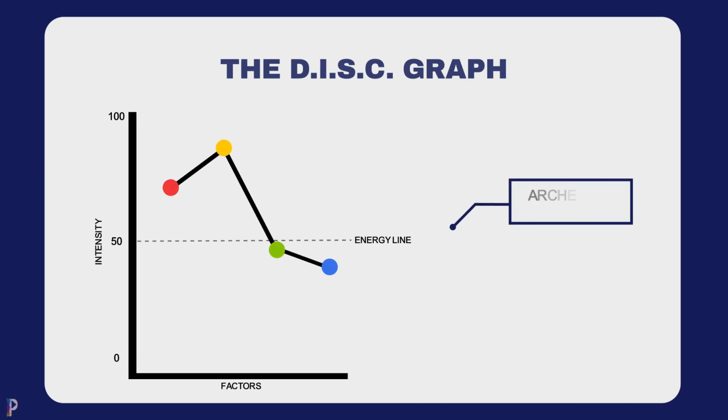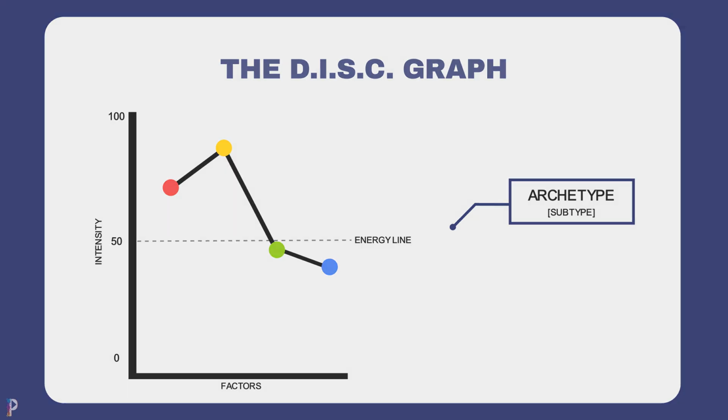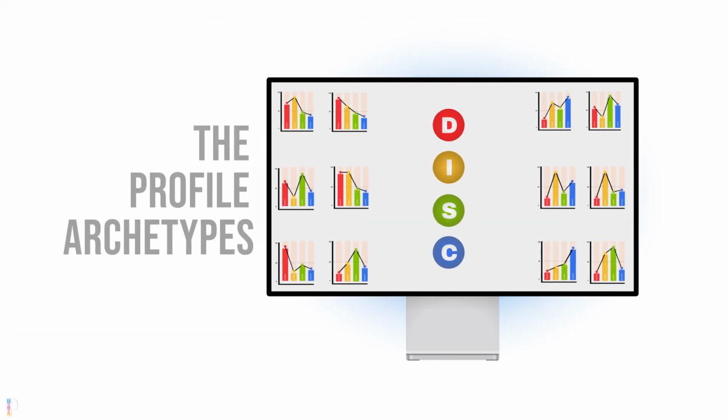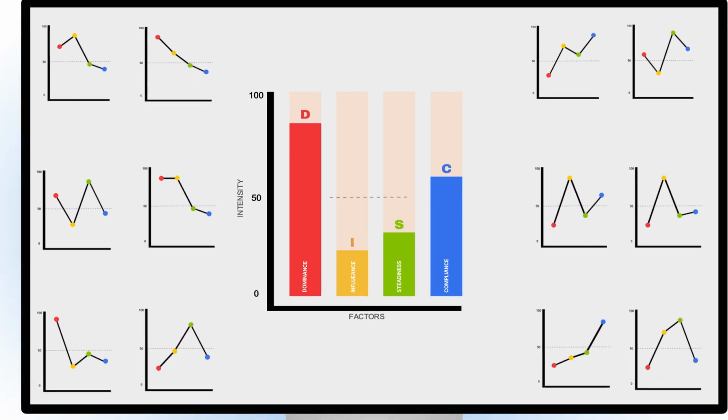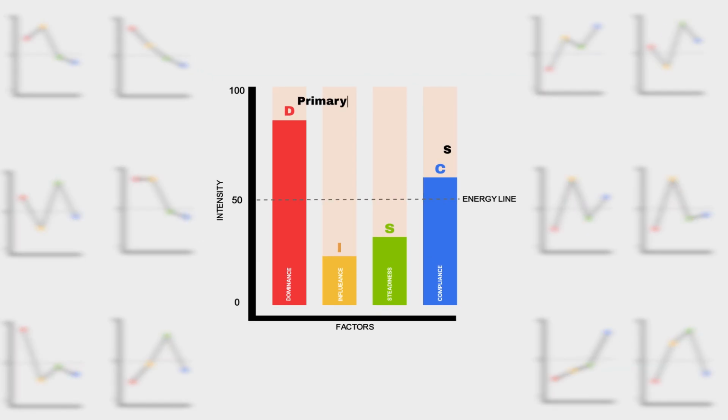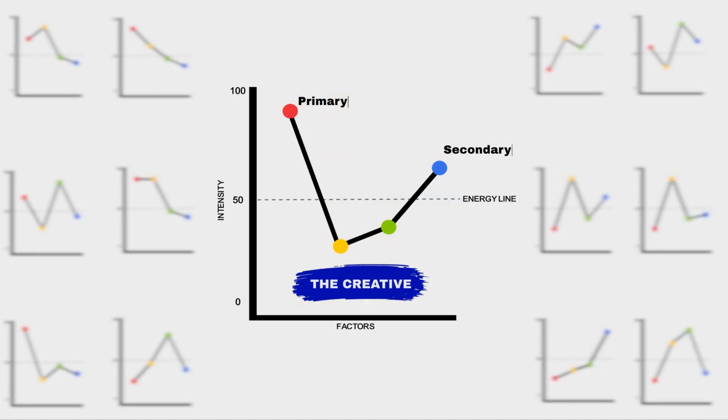Here is where archetypes, also called subtypes, come into play. Over time, similar shapes are grouped together to form archetypes. Typically, you'll observe one dominant pattern along with a secondary influence, much like your main voice and a strong accent. These archetypes help us better understand the complexities of human behavior.